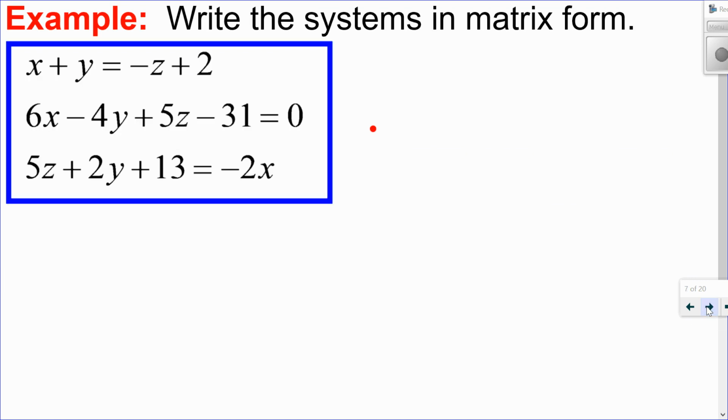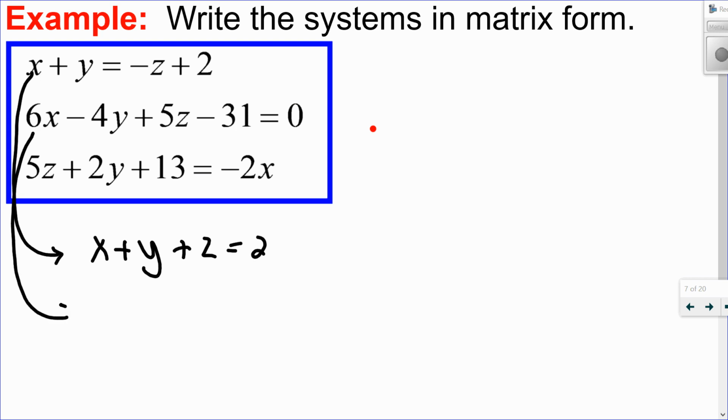Okay, one last one. This one's all jumbled up, so we have to definitely make sure it's in the correct order. So down here, I want to go x, y, add z to both sides because it's equal to z on the other side. So I'm going to add z equal to 2, and then it's ready to go. Okay, this one here, the number needs to be on the other side.